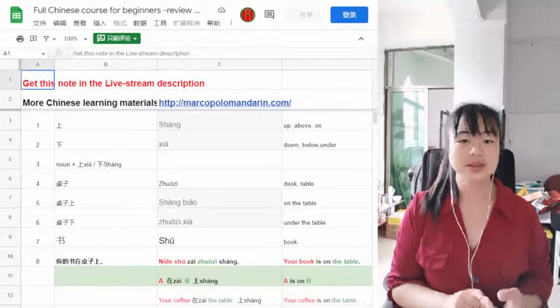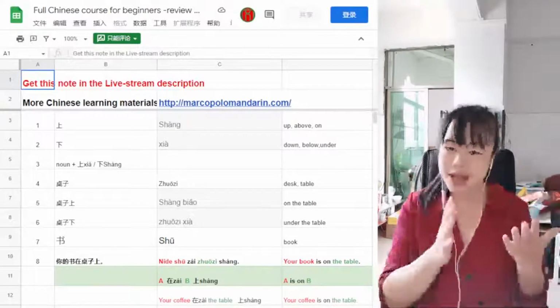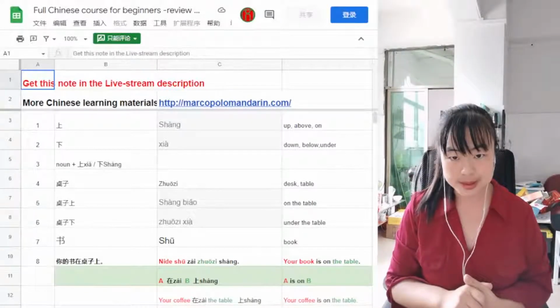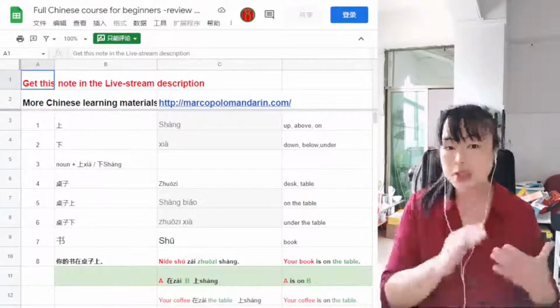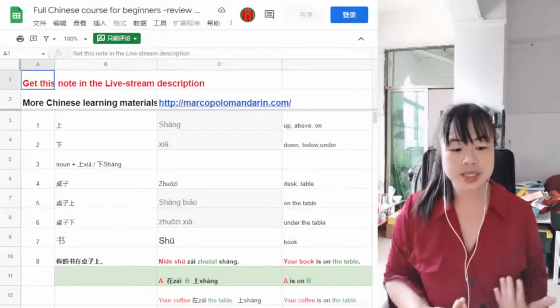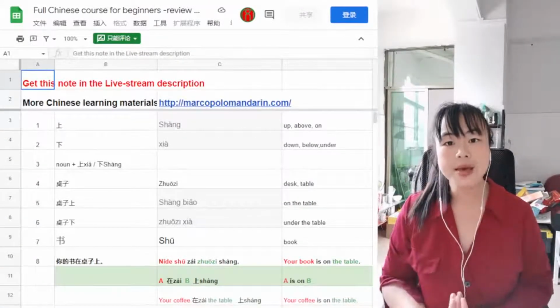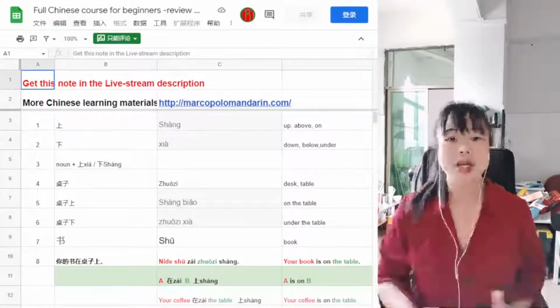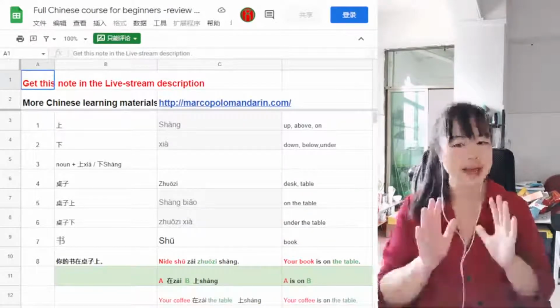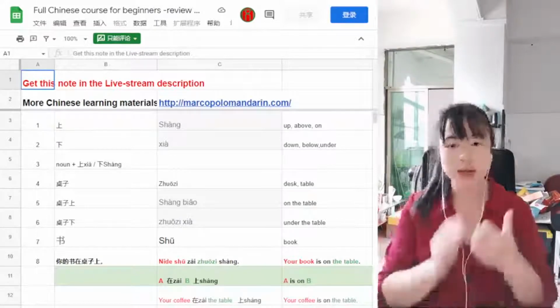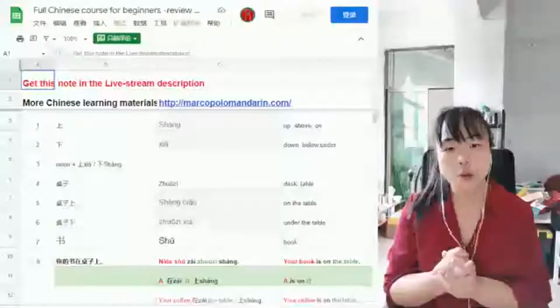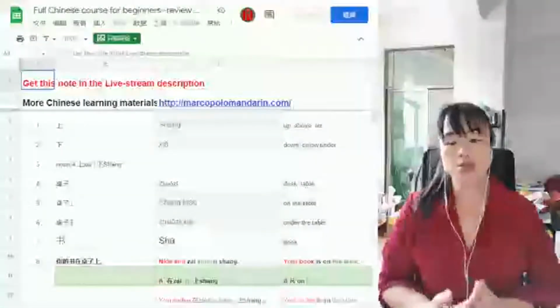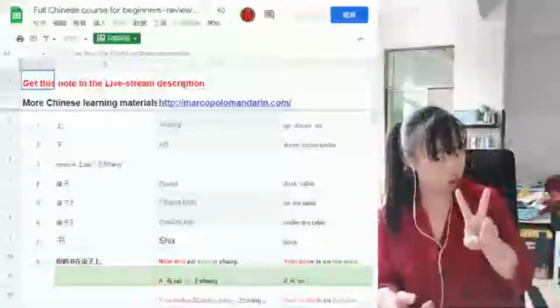We can't do that. So 上边 and 下边, we can use them independently. I mentioned we're most likely to use 上边 or 下边 because in modern Chinese, I think more than 80% of our words are combined with two syllables. We are more likely to use those words combined with two syllables.